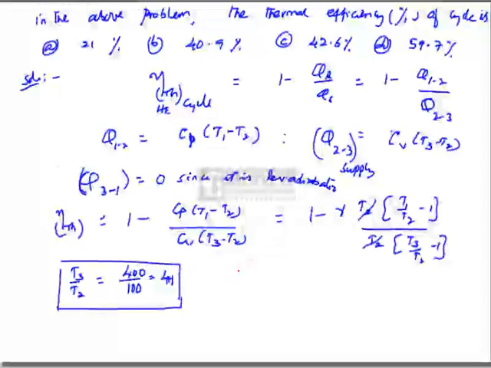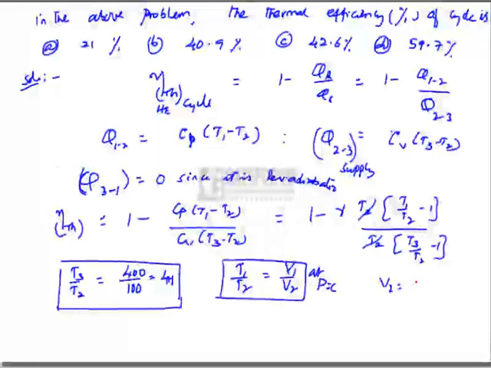Coming to the 1 to 2 process, T1 by T2, again applying Charles' law, it should be equal to V1 by V2, applying Charles' law for the constant pressure. But we do not know what is V1. We know V2 as 1 meter cube, but we do not know V1.